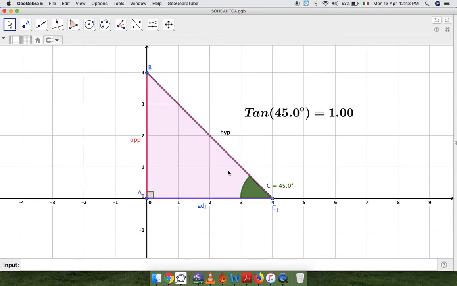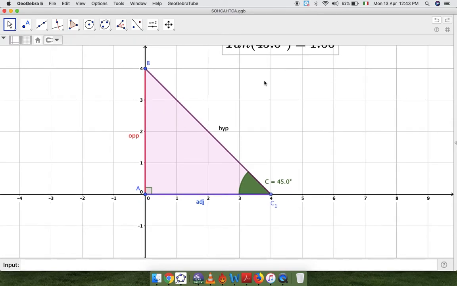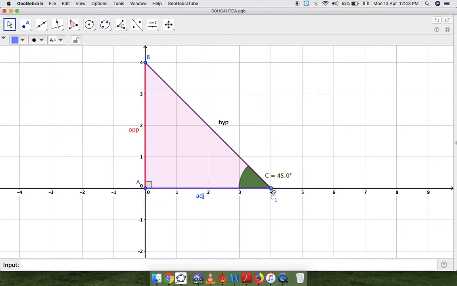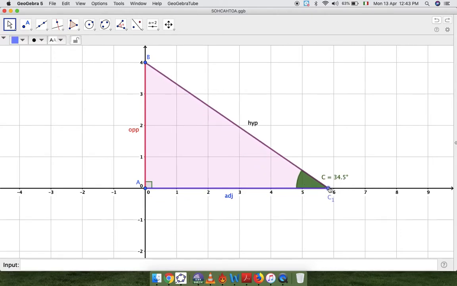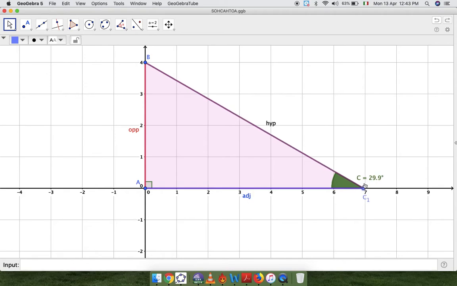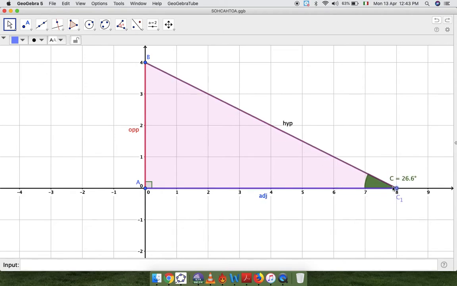Okay? So when I move this point away, the opposite side is going to stay the same length. It's going to stay 4. The adjacent side is going to increase. It's going to get longer, correct? As I'm moving it further away, the opposite side is still 4, but the adjacent side is longer.